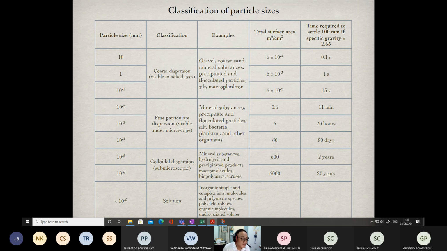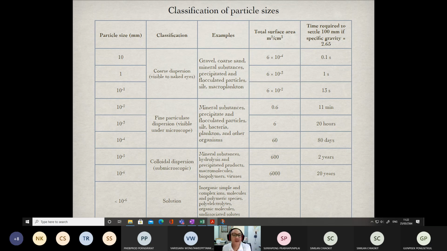For the colloidal particles, 10 to the power of minus 6 millimeters means 10 to the power of minus 9 meters, or nano sized. Okay, for the nano size, it takes 2 to 20 years to settle with a vertical distance of just 10 centimeters or 100 millimeters.